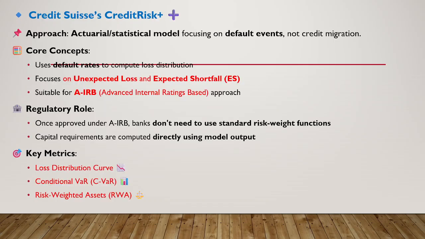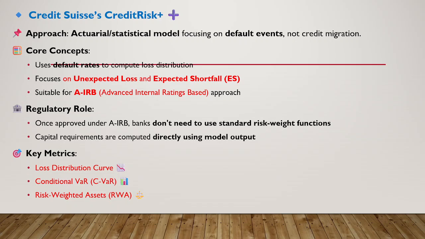Now let's look at CreditRisk+, developed by Credit Suisse. This is a statistical, actuarial-based model. Unlike CreditMetrics, it doesn't consider credit migrations. Instead, it directly focuses on default events. The model uses a default rate and computes a loss distribution to estimate expected loss, unexpected loss, and conditional value at risk.